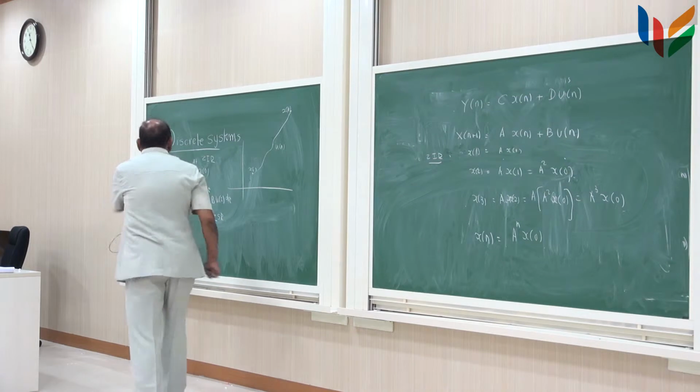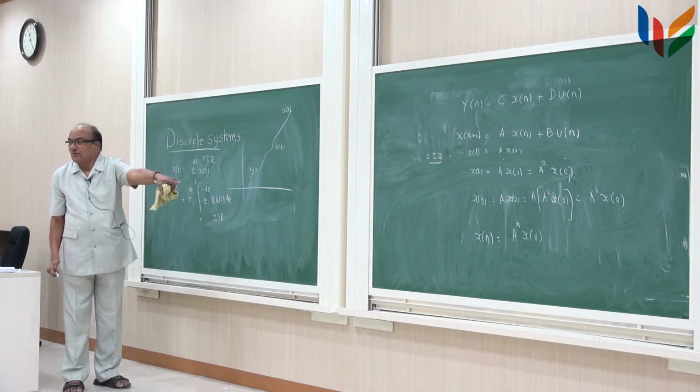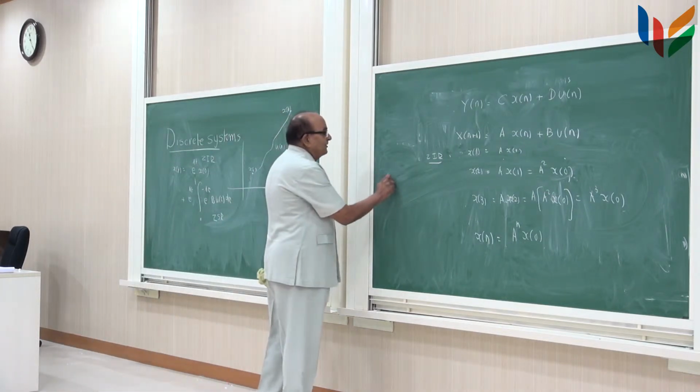So what is my equivalent of this? A to the power of n. So this is the so-called transition matrix.